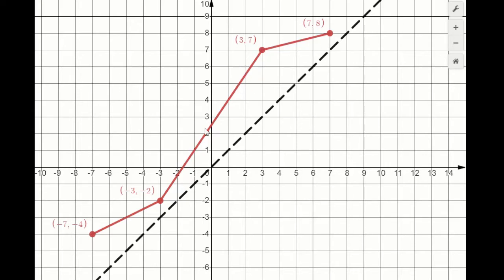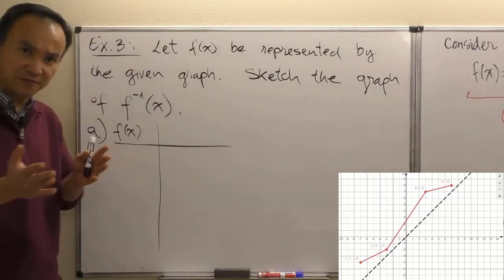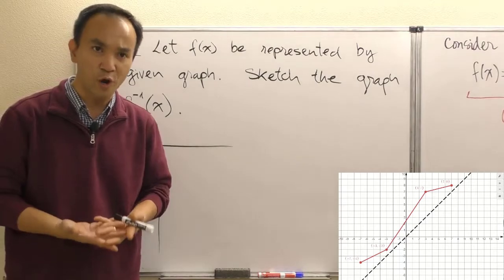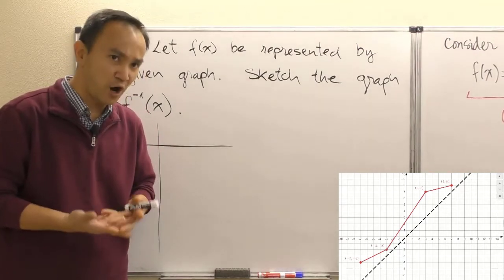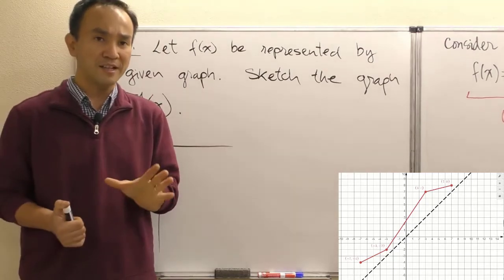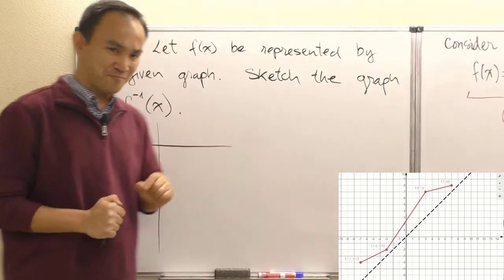That's perfectly enough to show that this graph in red is the graph of a one-to-one function. And being one-to-one, of course, it means the function will have an inverse. So don't worry about whether we will be able to draw the inverse or not. Yes, we should be able to draw that inverse because it exists. What matters is that we put our skills and understanding into getting it done correctly.